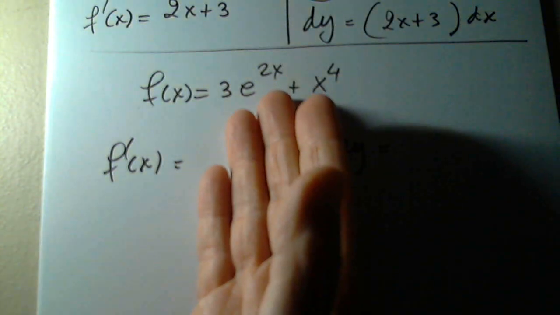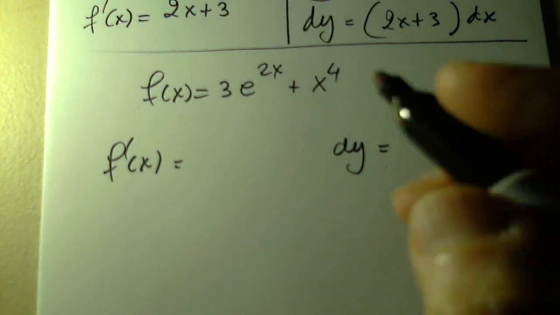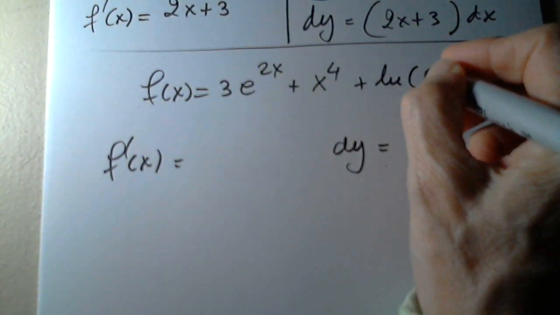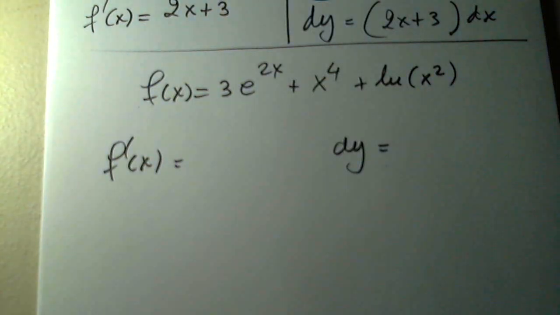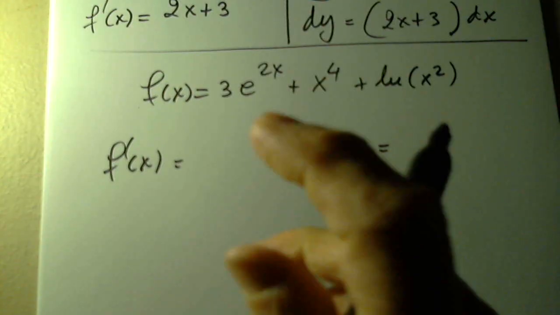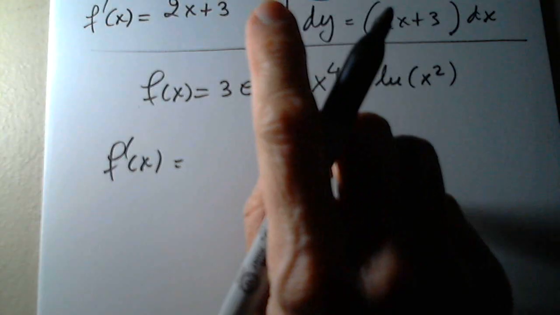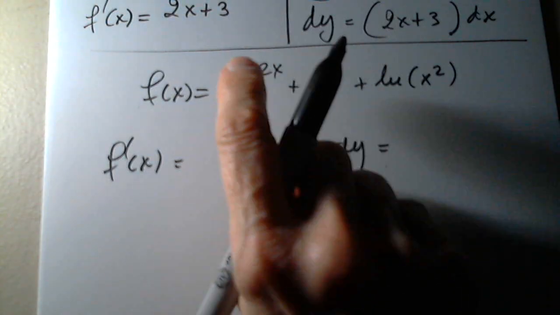Can anyone differentiate this function for us? Maybe let's make it even more interesting. Plus natural log of x squared. A good review of the formulas. No products, no ratios, but a good one. So it's 3.